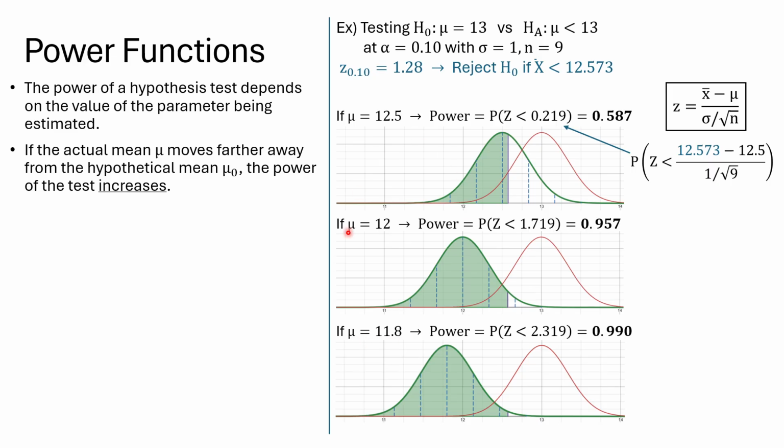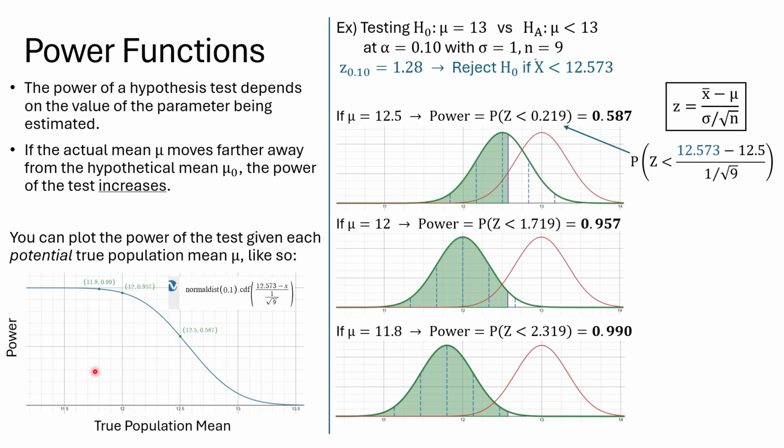But as you can see, we're able to calculate wonderfully all of the powers depending on what these potential true population means are, all these different mu values. In fact, we don't have to specifically choose certain values. We could calculate this for all values and make a function. So this function depends on the true population mean mu, that will be our input, and the output will be our power.